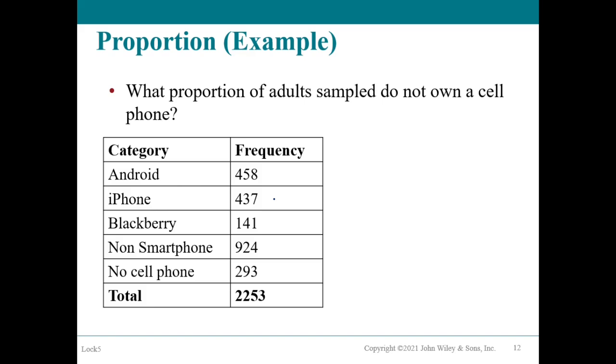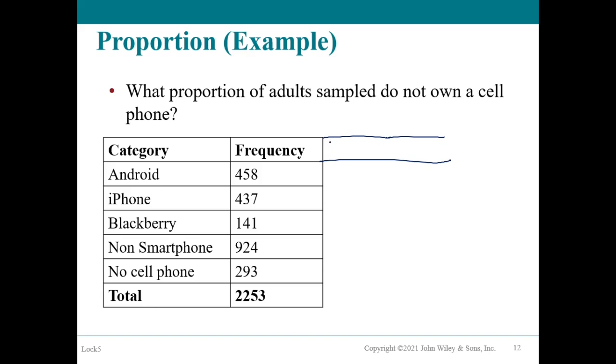Before we do that, let's move on to another proportion example using the same data we used to construct the frequency table. Here you can see the frequency table, and I'm going to add another column to find out the relative frequencies, or the proportions.